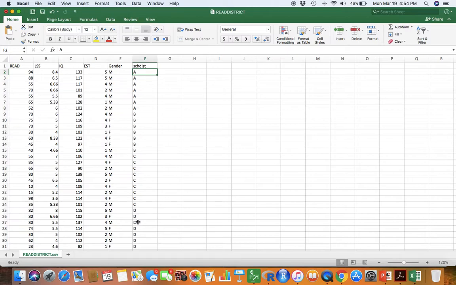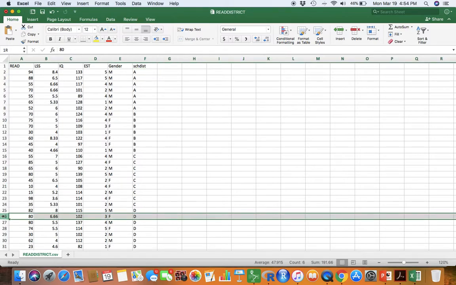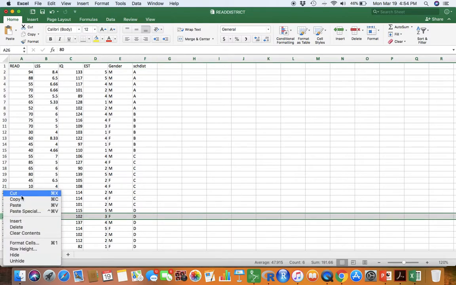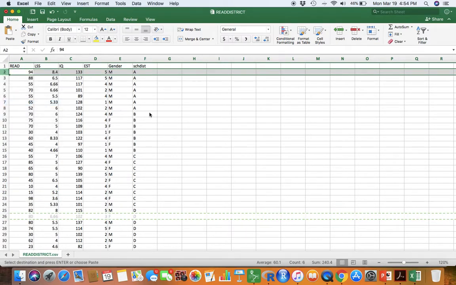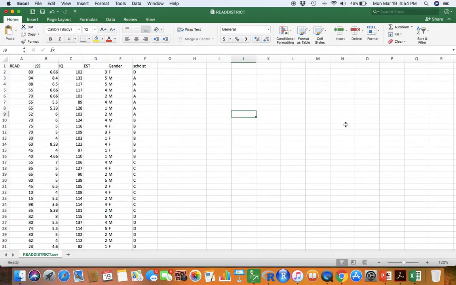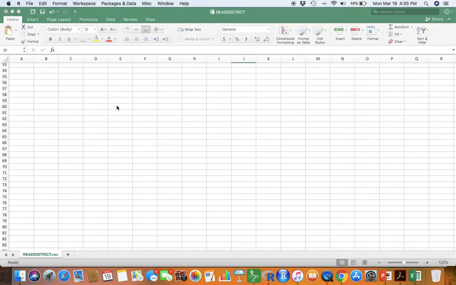If we wanted to, for some reason, have D as the base group, all we would have to do is cut this out and insert it there so that the first school district was D. It's a little wacky the way it does it, but it's easily manipulated to set the first school as the comparison group. But guys, the data set that I imported into R had school district A as the comparison group. So guys, let's make it happen here.